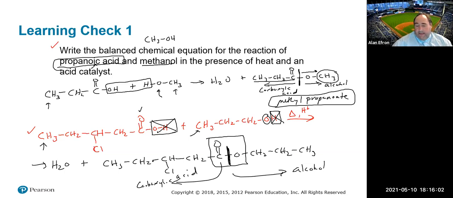This guy would also be named very much similar. You got your propyl group here, right, which is our alcohol group. This one might be a little bit trickier because we do have this extra guy hanging off, which technically would be 1, 2, 3, 3 chloro, 1, 2, 3, 4, 5 pentanoate. So this would be propyl 3-chloropentanoate.